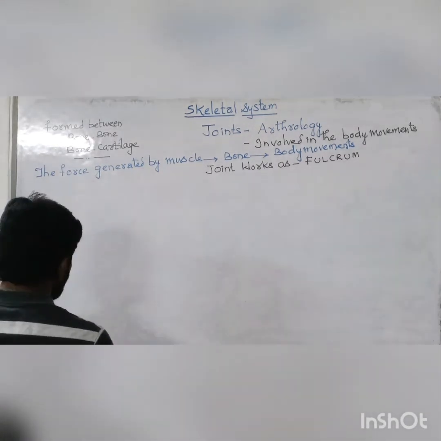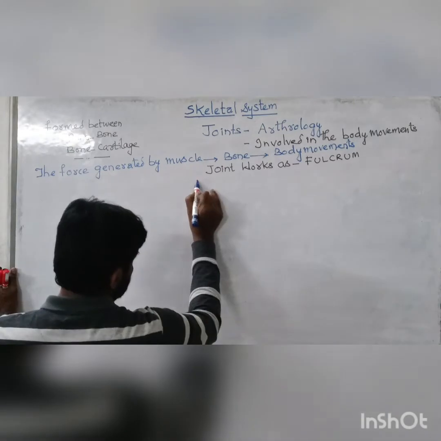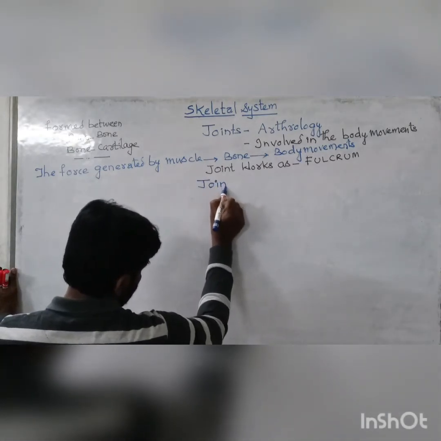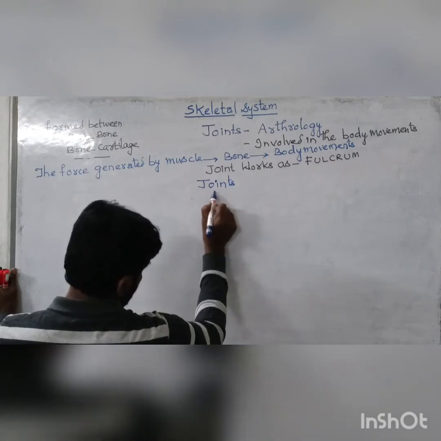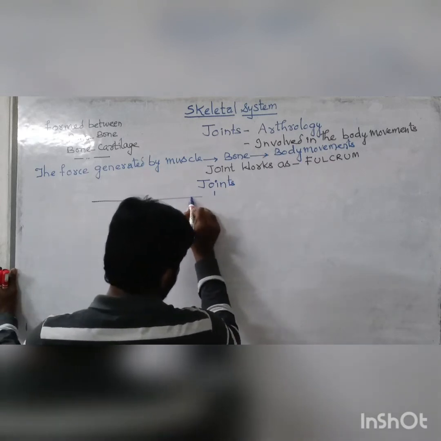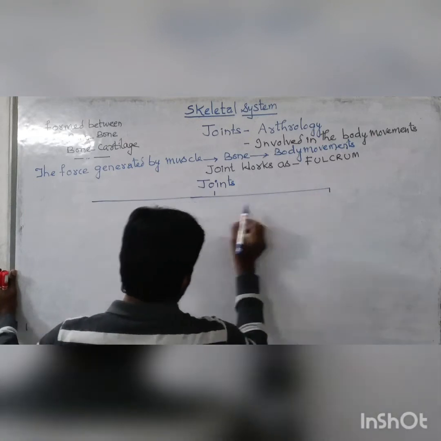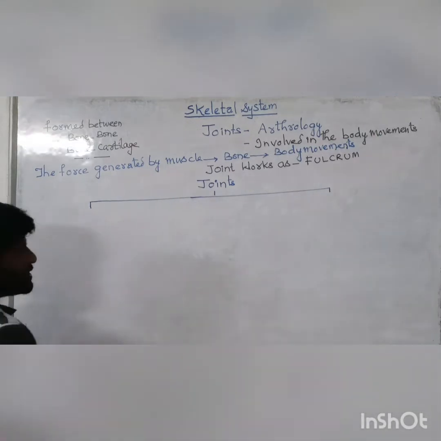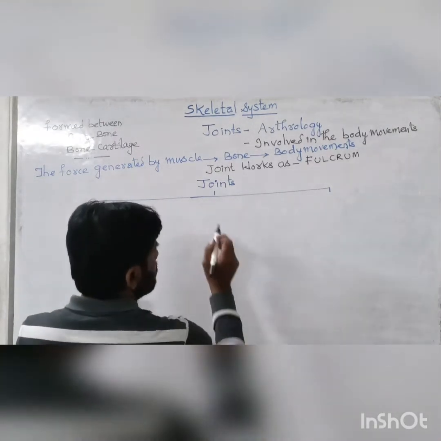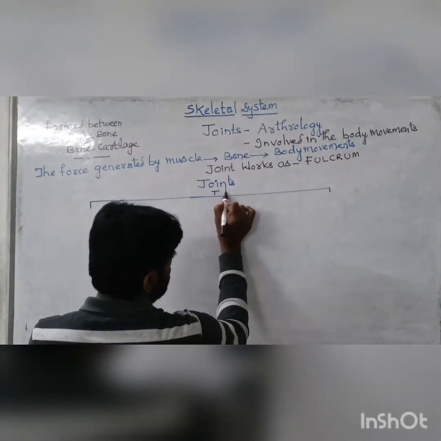So, joints are classified into the following types. I classify the joints into three types, and this classification of the joint depends upon the movability of the joint.